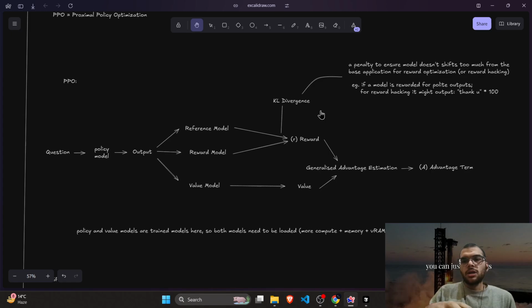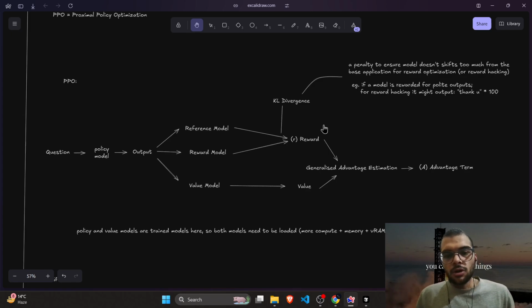For example, if we are training a model to give very polite outputs, it can start giving outputs like "thank you" in each token just to hack the reward. To avoid that, we apply the KL divergence penalty so the model doesn't lose its actual purpose.